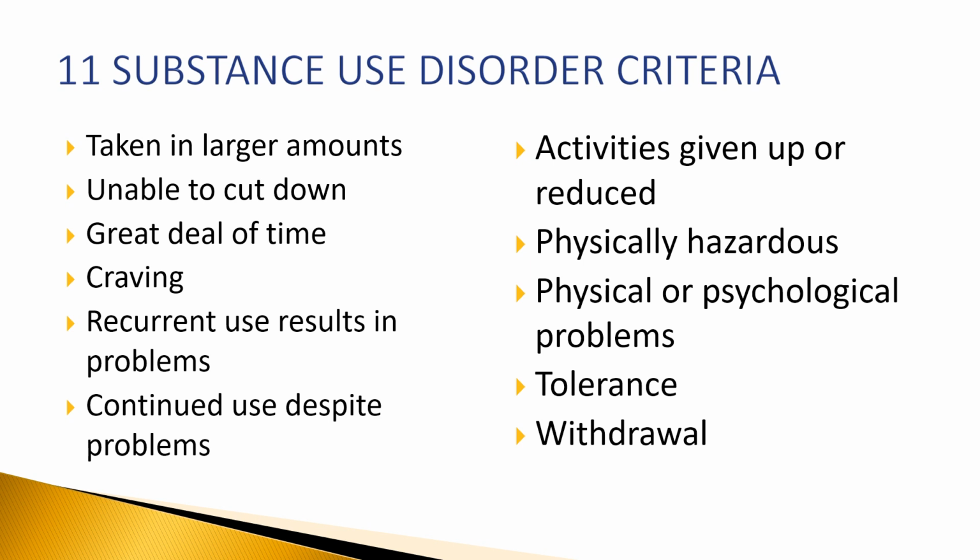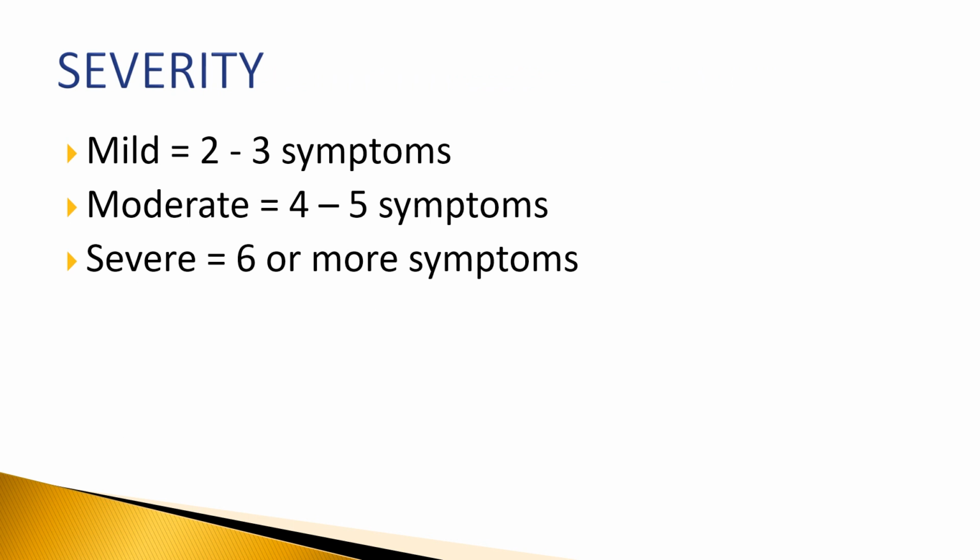And then you count up the number of criteria that the client meets in order to come up with the severity. So if the client has 2 or 3 of the 11 symptoms checkmarked, they would be mild on that substance.